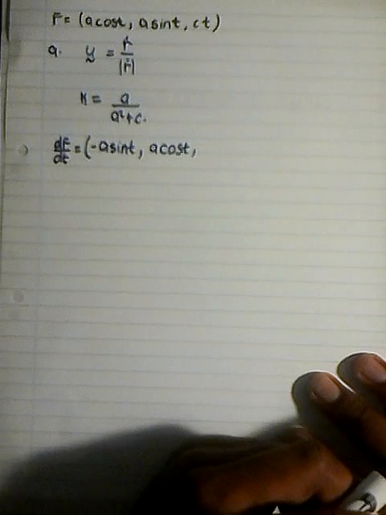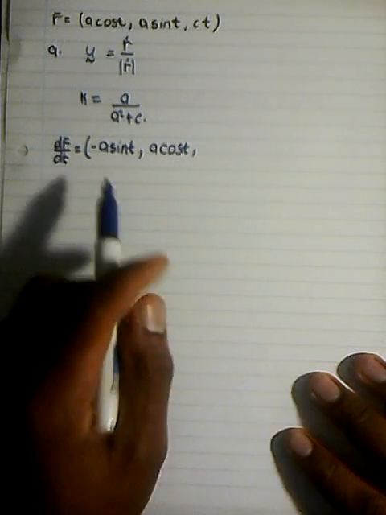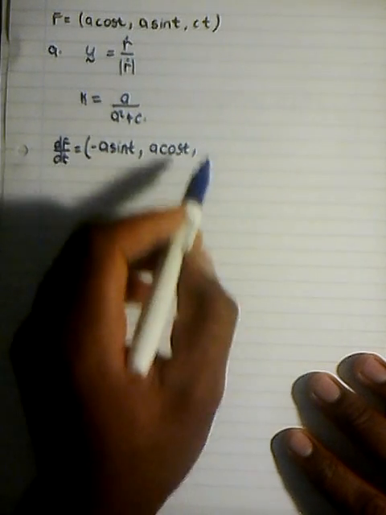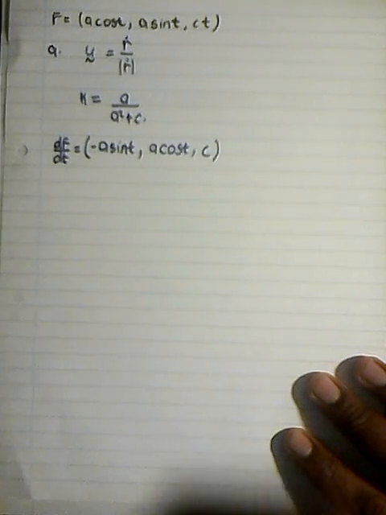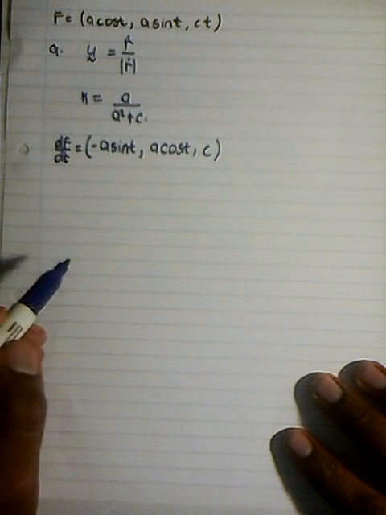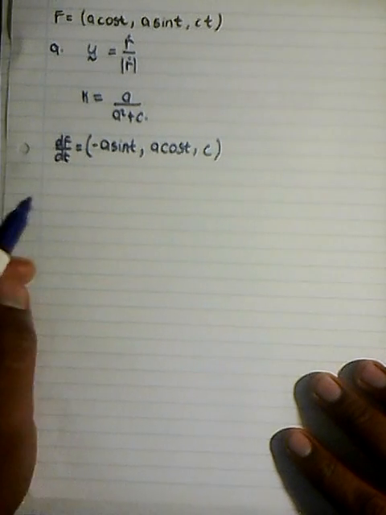And then the derivative of ct, where c is a constant, is c. Also note that a is a constant. Now we have this equation here.